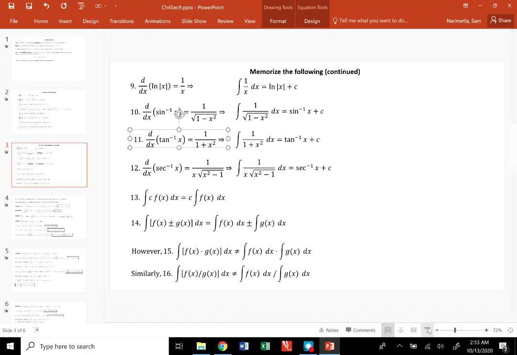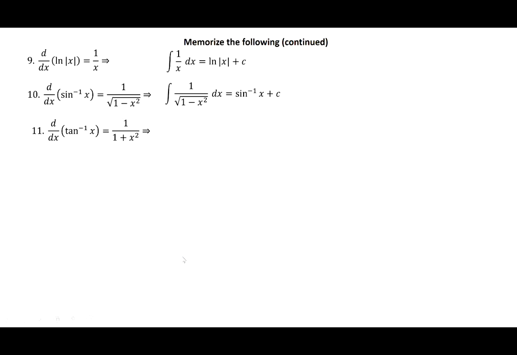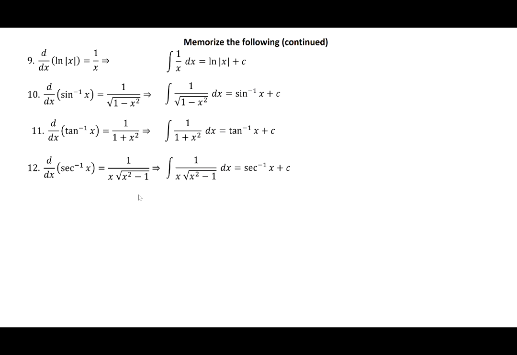Where are we? Go back to this. The derivative of tan inverse of x is 1 over 1 plus x squared. So integral of 1 over 1 plus x squared dx is tan inverse of x. 12. Secant inverse x is 1 over x square root of x squared minus 1, and so on.